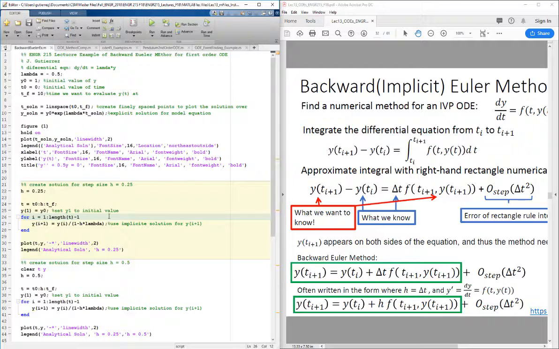In this case, I'm not going to do a generic function because I actually have to solve it each time, so it's kind of hard to know a priori what the solution to that is. Now, of course, here we can solve this for our differential equation, and it's really just 1 over 1 minus h times lambda times yi.